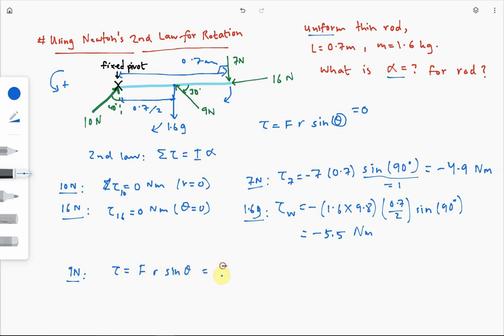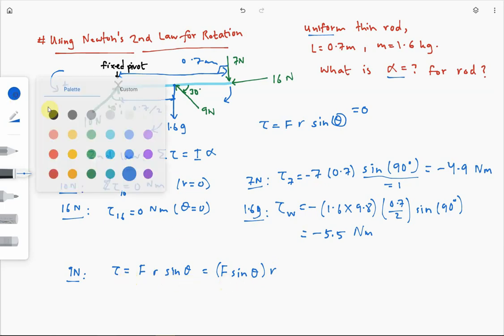We can rearrange this definition and put the sine theta beside F, and then put it in parentheses and say that it is being multiplied with R. These two expressions are the same thing, torque, right?